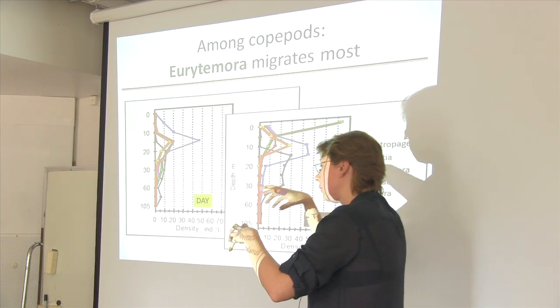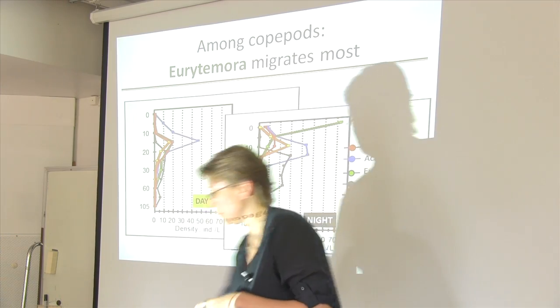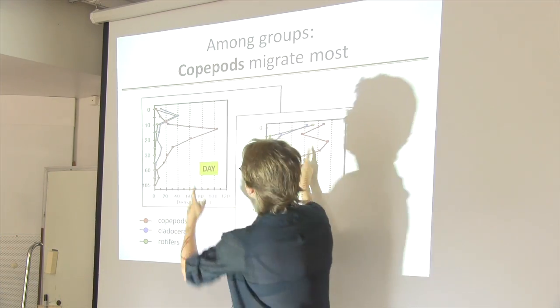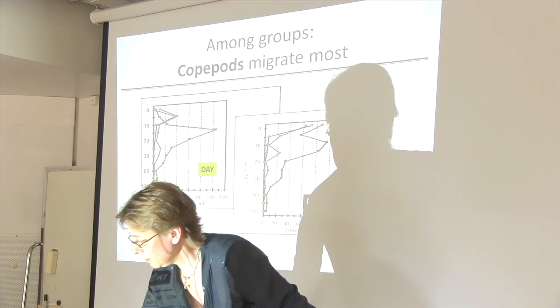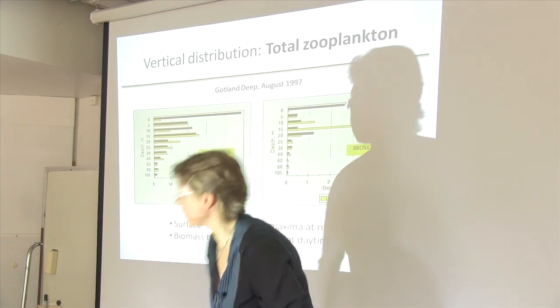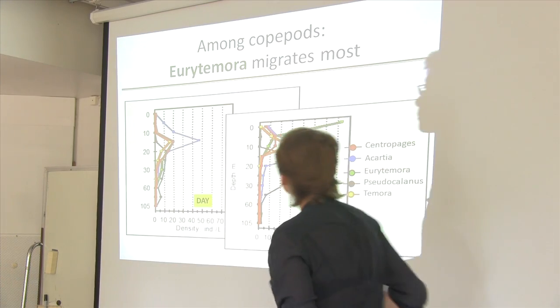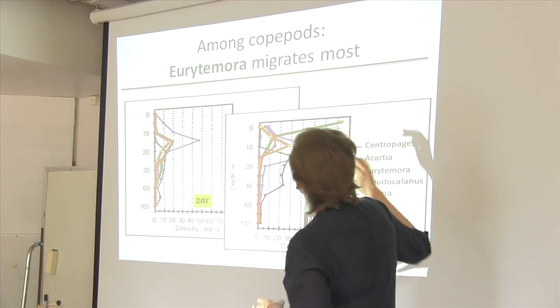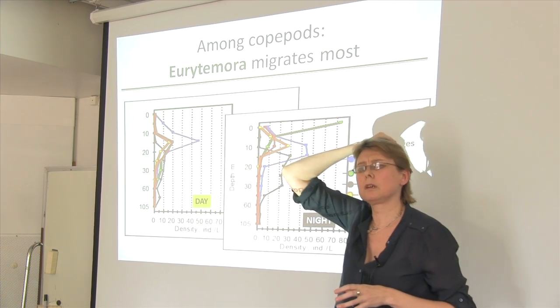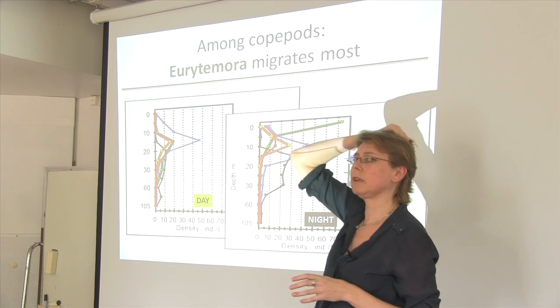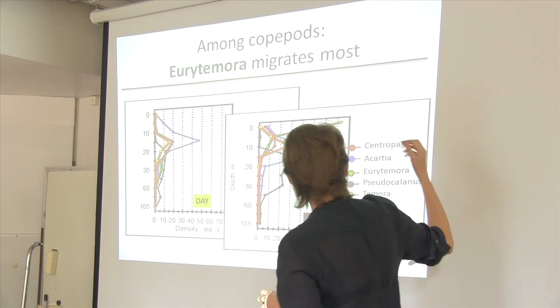Now we look at what copepods actually contribute to those peaks. Ignore cladocerans and rotifers, look at copepods only. This station was a little bit south of Gotland, in the Gotland Basin anyway.